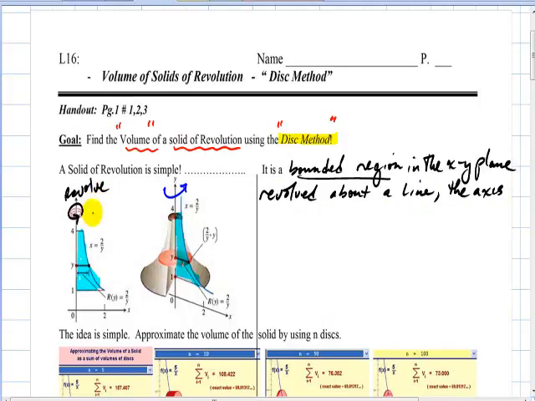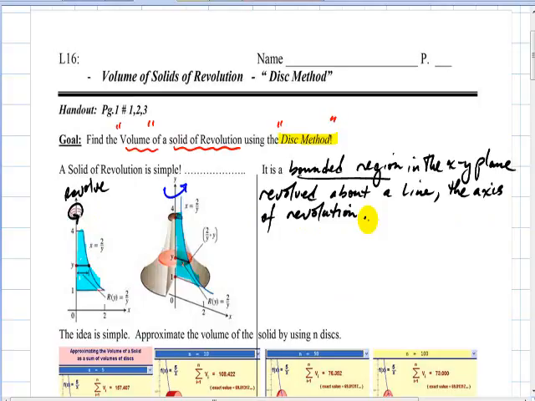Now this axis could be the y-axis or the x-axis or any other horizontal or vertical line. It could be y equals 1, x equals 4, y equals negative 2. It could be anything. But this line that we're going to revolve about is called the axis of revolution.